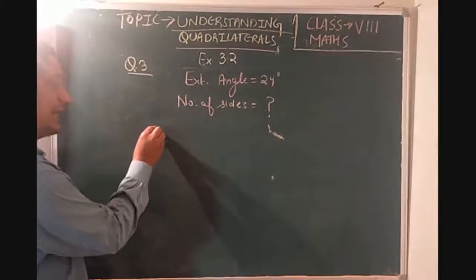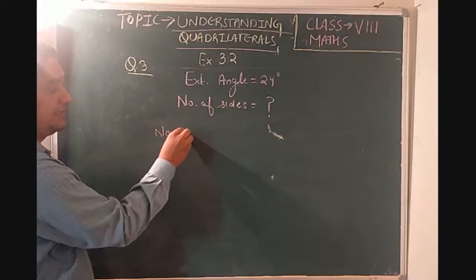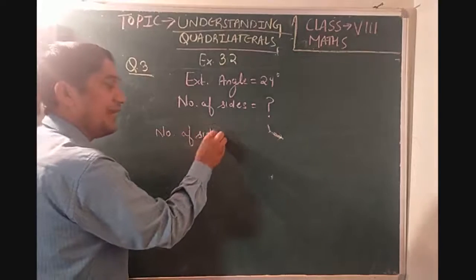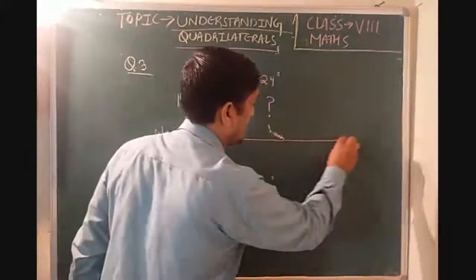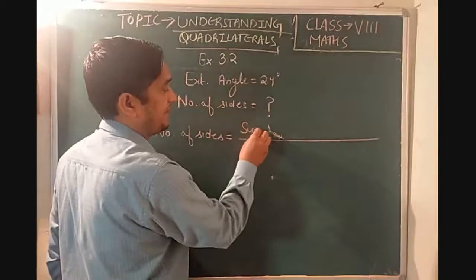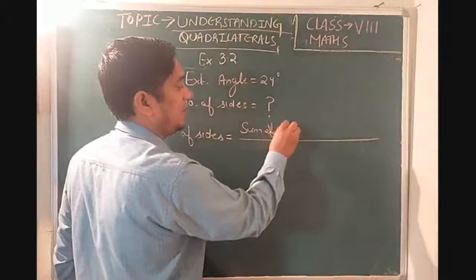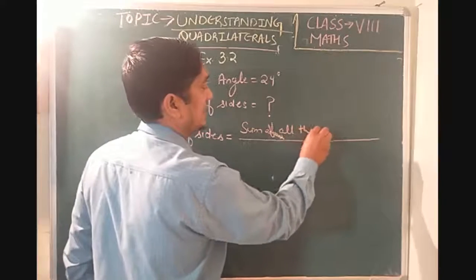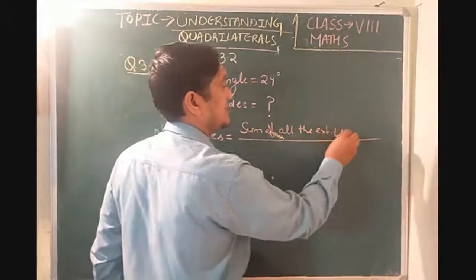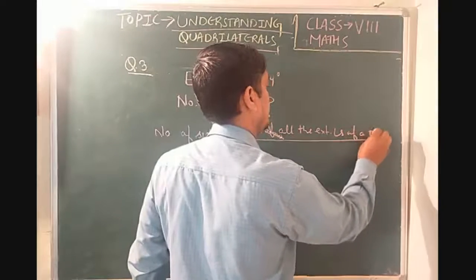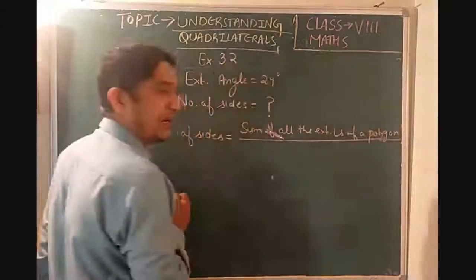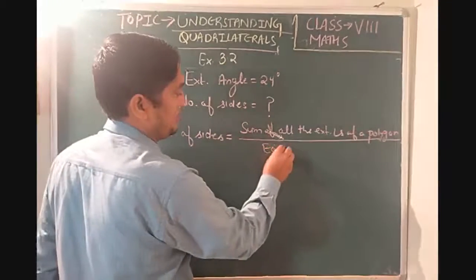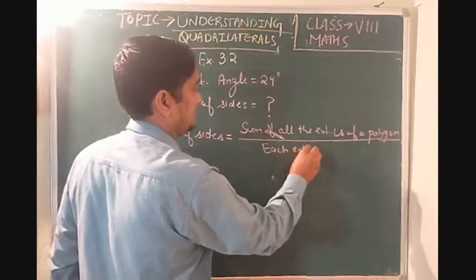Now children, we know that the number of sides of any polygon is equal to the sum of all the exterior angles of a polygon divided by each exterior angle.